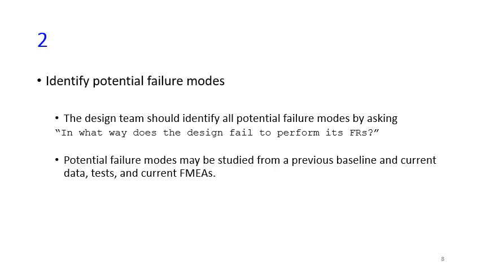Potential failure modes may also be studied from a previous report or previous baseline, and from the current data, tests, and current FMEAs. So the design team can study the data from the previous generation or previous analysis, and may also conduct tests on the current design to see what the possible failures and causes of those failures are.